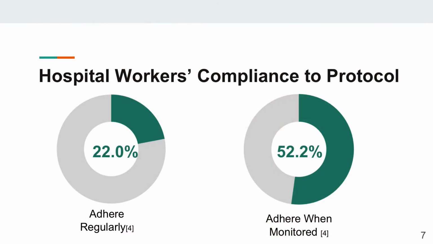And in one study conducted by the World Health Organization, it was found that only 22% of healthcare professionals adhere to protocol regularly. However, in that same study, it was also found that when monitored by external observers, these healthcare professionals' adherence to protocol increased to a staggering 52.2%.